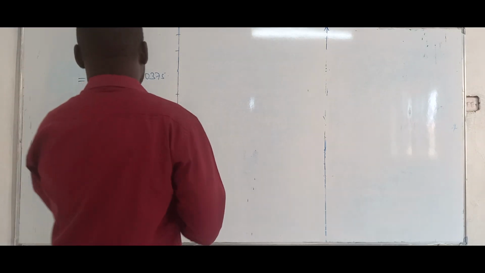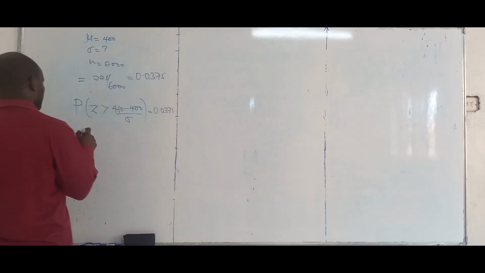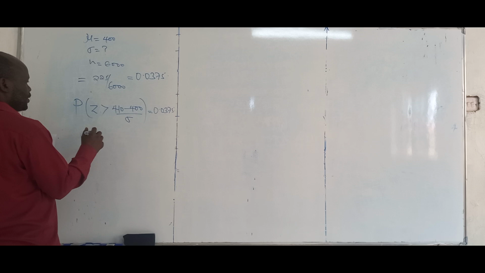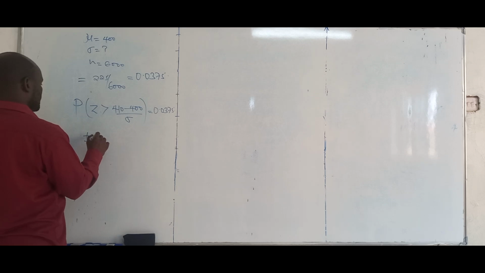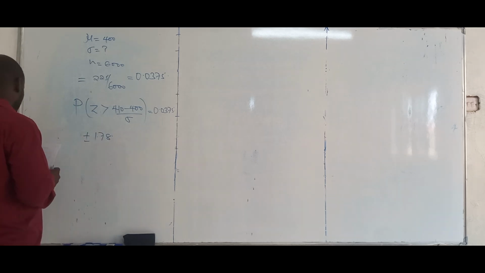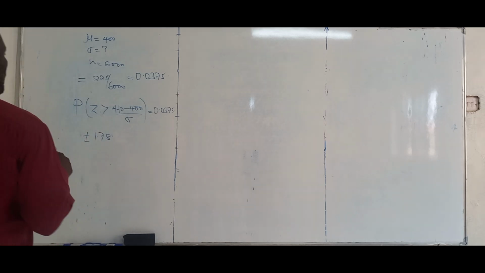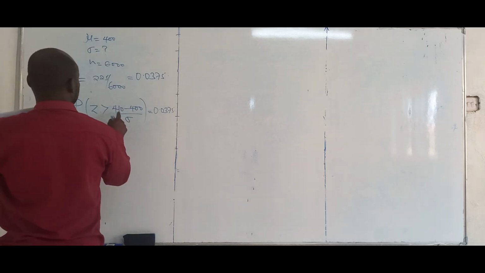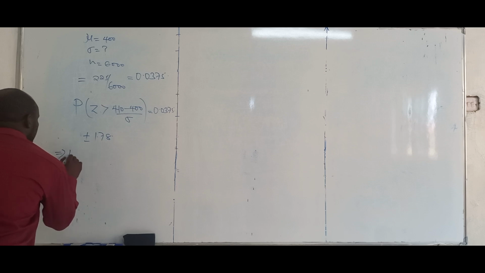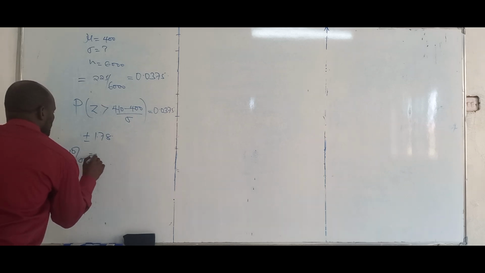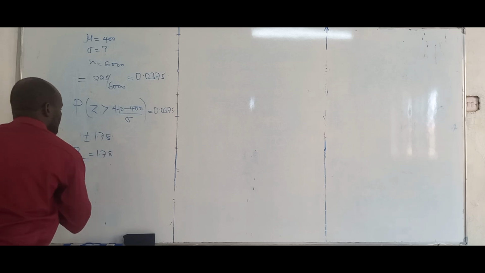The Z value is 1.78. If we subtract 400 from 410, we get 10. So that should imply that 10 over the standard deviation should give me 1.78.